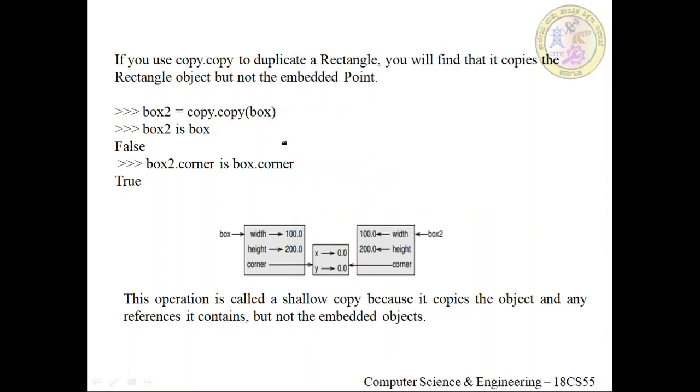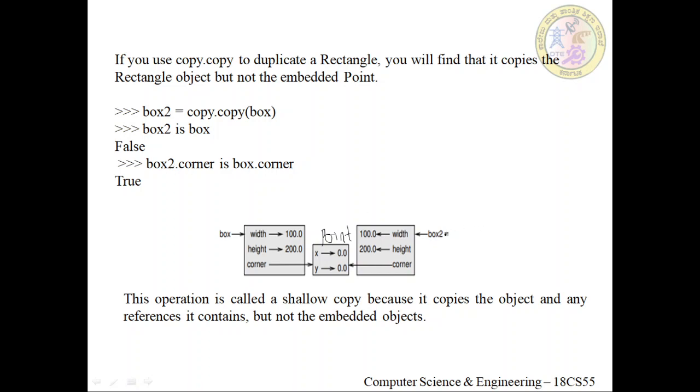So this can be shown here. Box is there, so width is 100, height is 200, and corner is a point type object. And box2, in this example we have used box2.